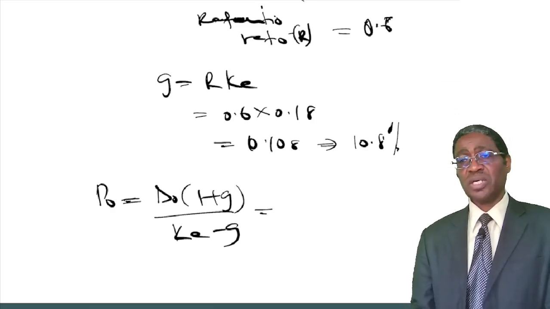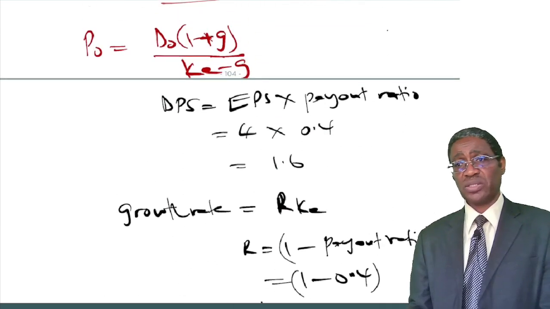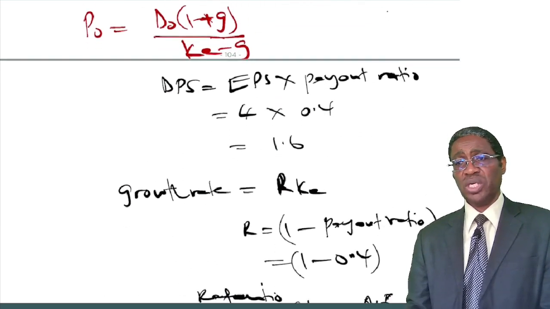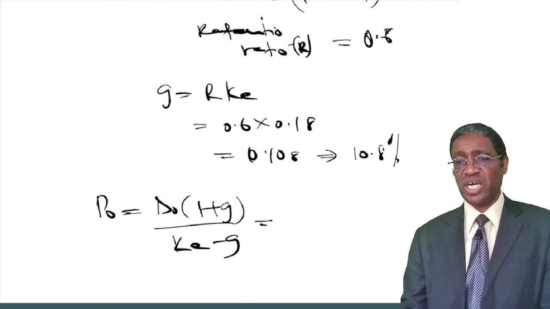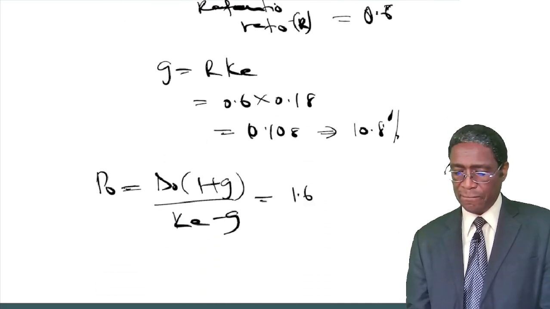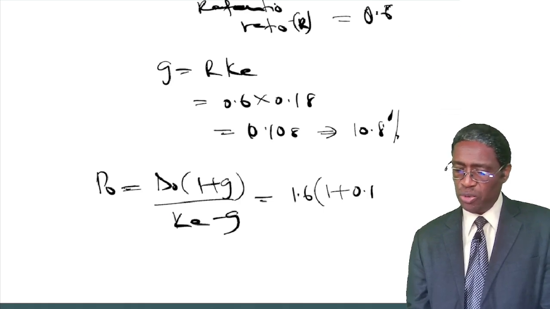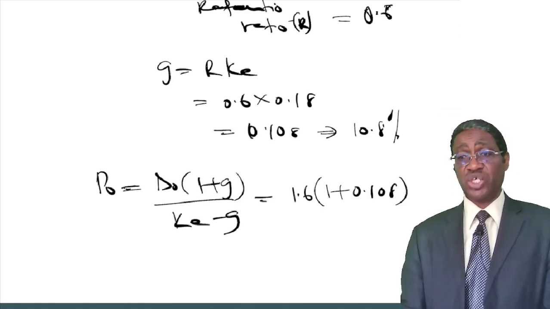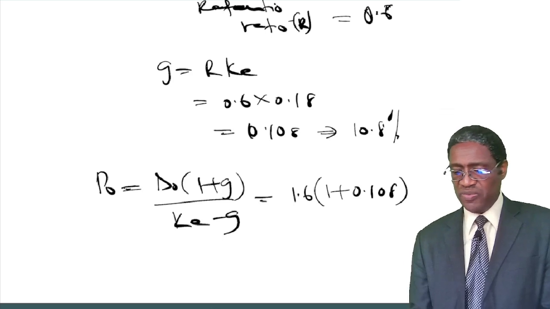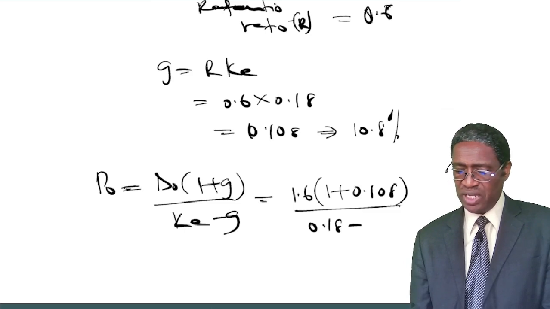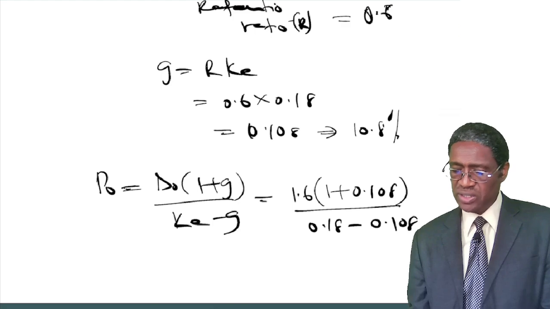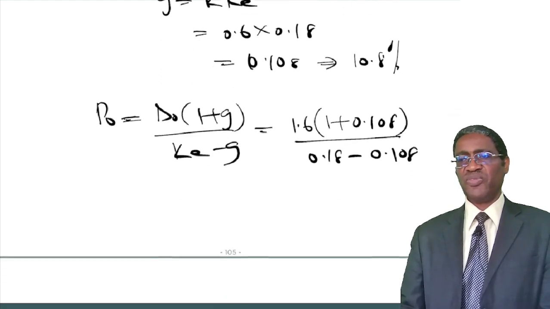Our D0 is 1.6, the dividend per share, times 1 plus 0.108, that was our G, the growth rate. We divide that by KE, which was 0.18, minus G, 0.108.